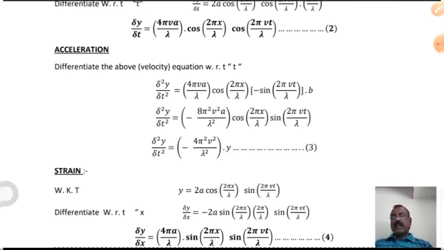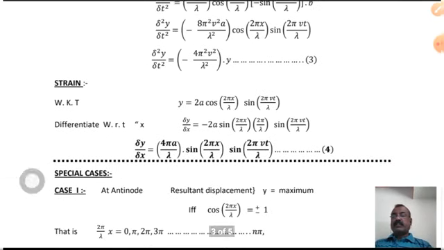Next, we have to know the expression for strain. We know the displacement equation, as I told you, y is equal to 2a cos 2 pi x by lambda into sin 2 pi Vt by lambda. If we differentiate this equation with respect to x, delta y by delta x, we will get the expression for the strain.